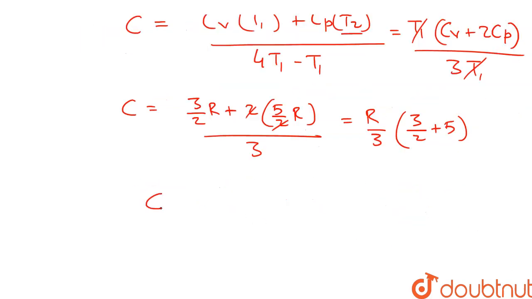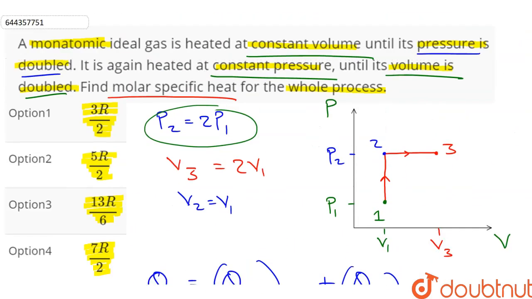Therefore, after calculation, we get C equal to 13R by 6. This is our answer. And looking at the options, option 3 says 13R by 6. Therefore, option 3 is the correct answer.